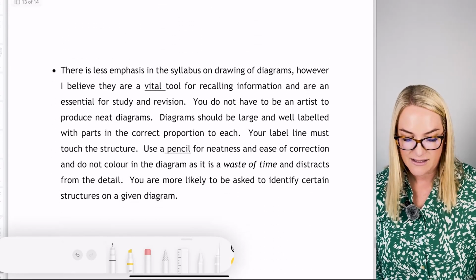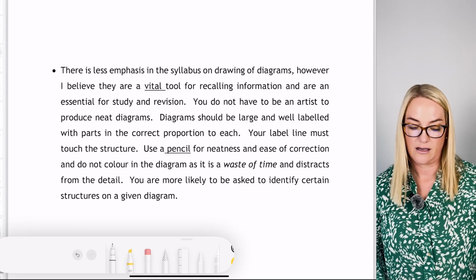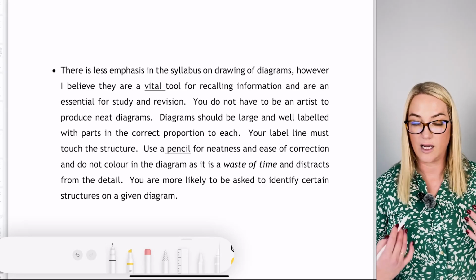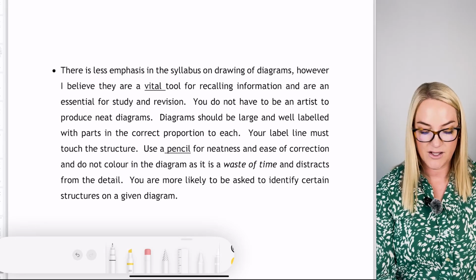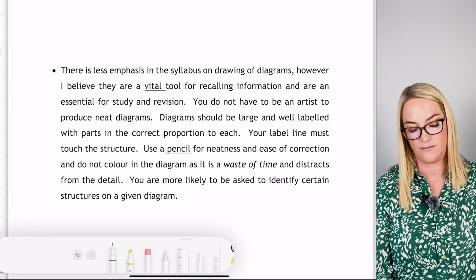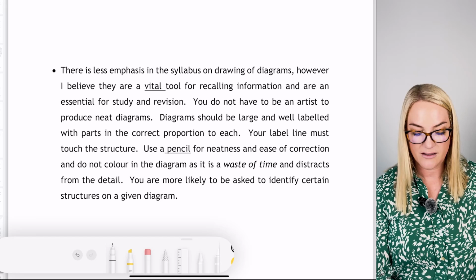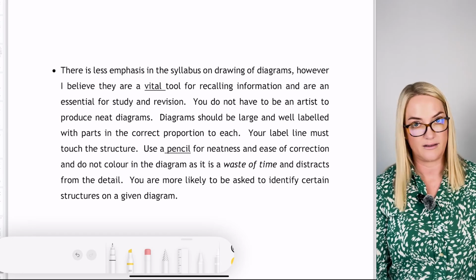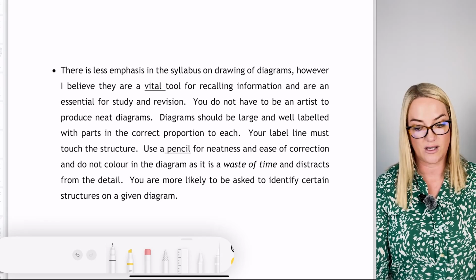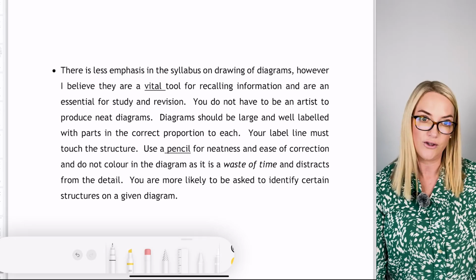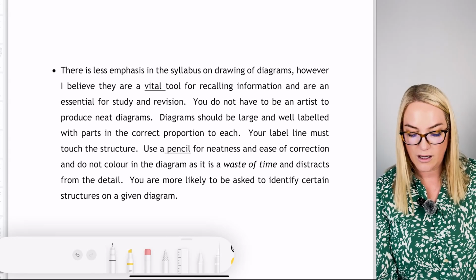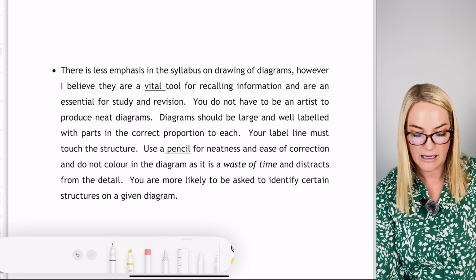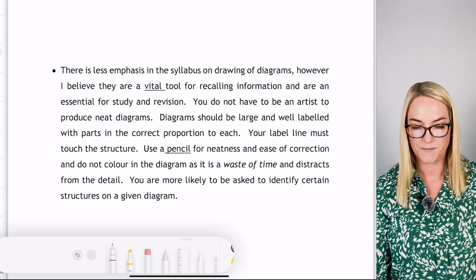There's less emphasis in the syllabus on drawing diagrams, but this is what I believe: they are vital for recording information and are essential for study and for your revision. You do not have to be an artist to produce neat diagrams at all, because I am not an artist. You'll see that some diagrams I've already drawn, not great. Some I will draw in the future won't be great either. Diagrams should be large and well labelled, with the parts in the correct proportion to each other.